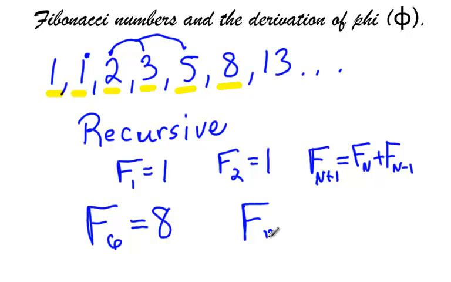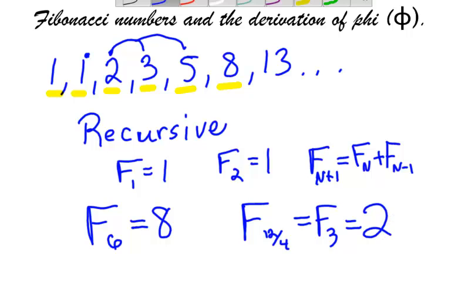F sub 12 divided by 4. Well, this whole fraction is in the subscript, so first we have to simplify that. F sub 12 divided by 4 would be the same thing as F sub 3. Well, that's the third Fibonacci number in the line. 1, 2, 3. F sub 3 is 2.